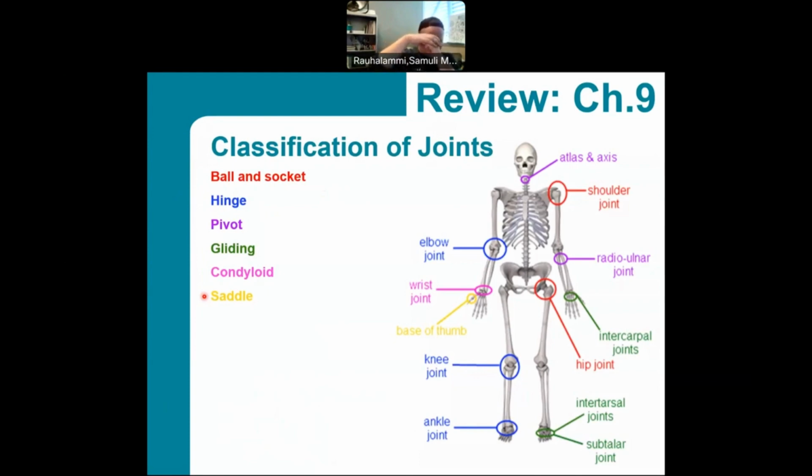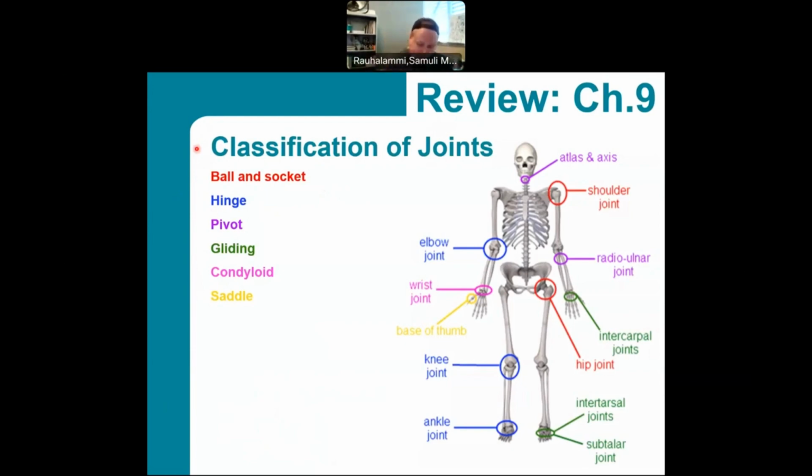It's kind of limited on certain axes. And the final one, I think that most of us think of, is our ball and socket joint, where we're really getting a great fit, but also a really large range of movement. And if you're interested in this classification, your textbook provides a great amount of information for you to refer to in more detail if that's something that you're interested in.